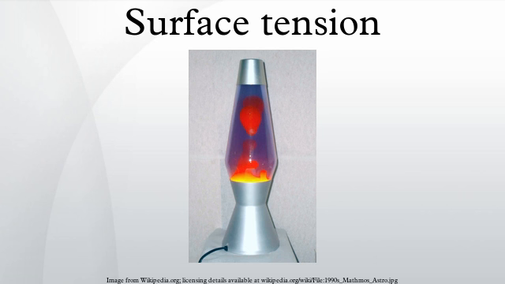For mercury on glass, γ equals 487 dynes per centimeter, ρ equals 13.5 grams per cubic centimeter, and θ equals 140 degrees, which gives h equals 0.36 cm.